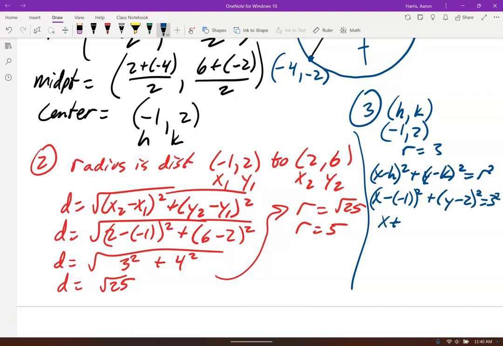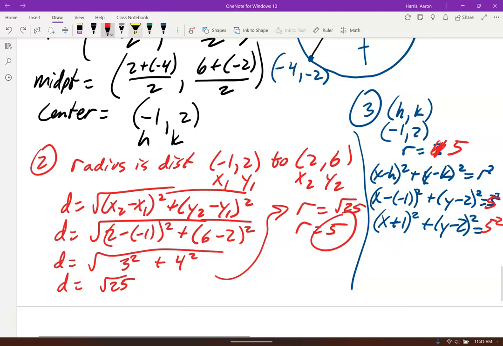So I have x plus 1 squared plus y minus 2 squared equals my radius. Oh my gosh, you guys, I'm sorry. My radius is 5, not 3. 5 squared. There we go.